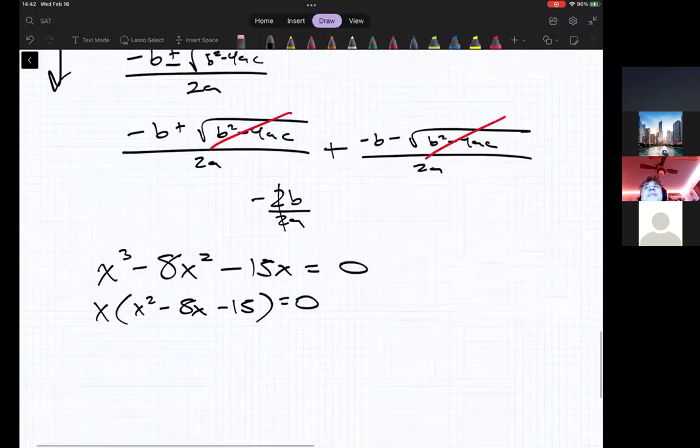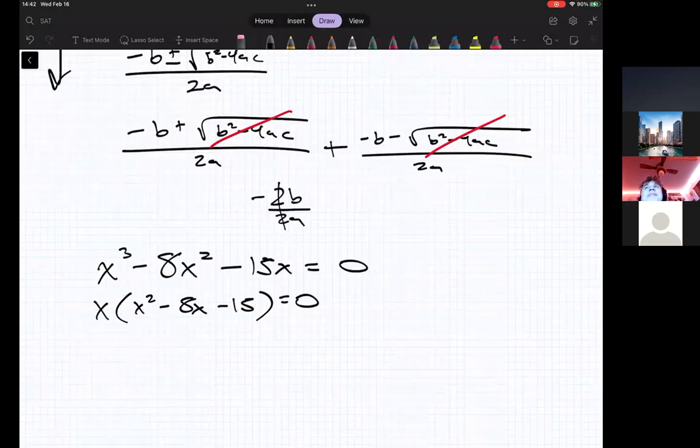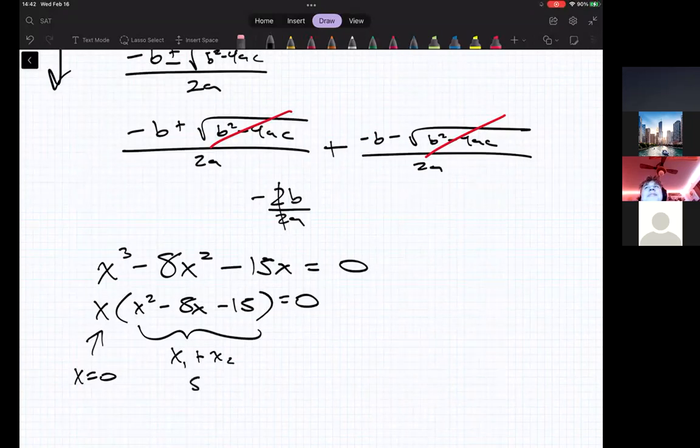Right? 3 and 5 don't work on this one. But regardless, I know I have one solution, x equals 0. And I know that the two solutions from the quadratic are going to add up to opposite of b over a, which is 8. 8 plus 0 is equal to 8. That's still what the solutions add up to. It's just a way of going around it and not having to do all the work. Any questions on number 13?